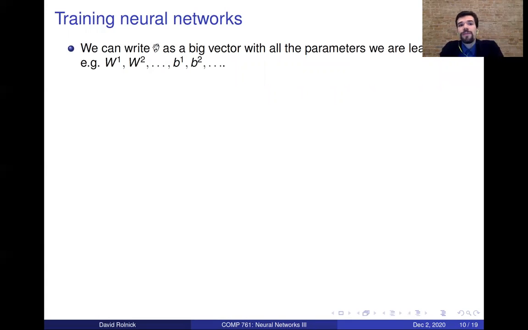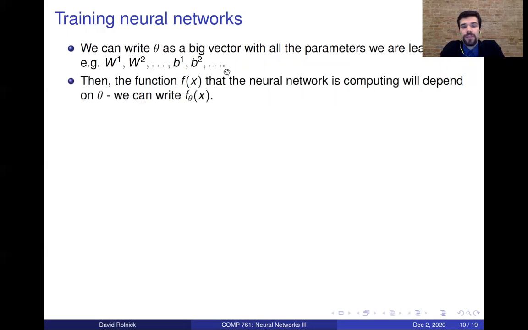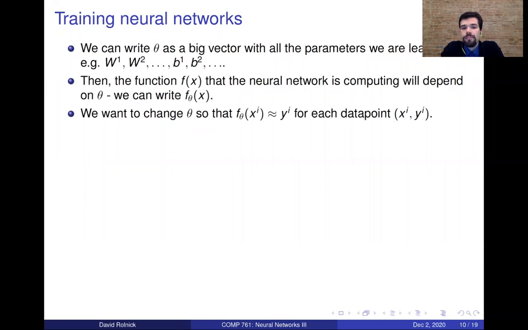You just think of theta as capturing all of the parameters that we are changing. Then the function the neural network is computing will depend upon theta. Let's change our notation and write it as f sub theta of x. So f depends upon theta, the parameters. We want to change theta so that we get a function that approximates the data points, what we've observed as our data.